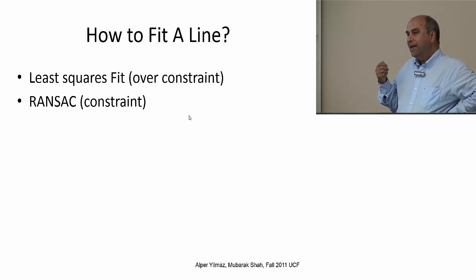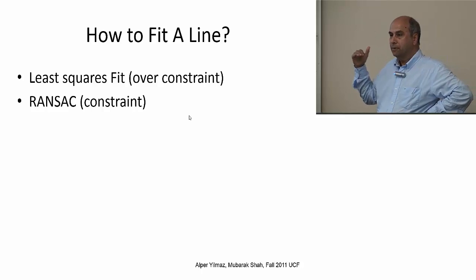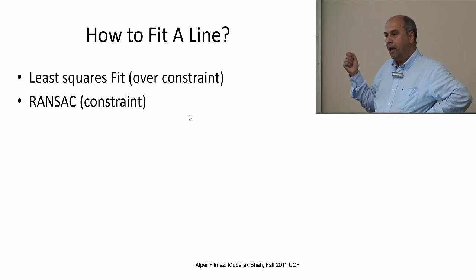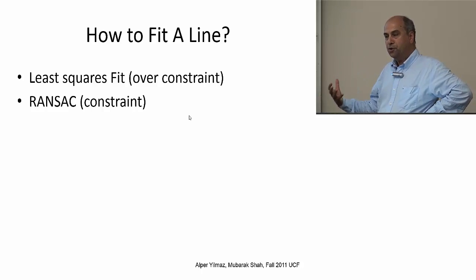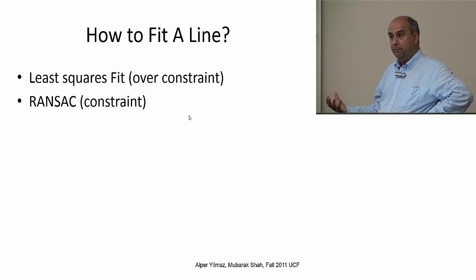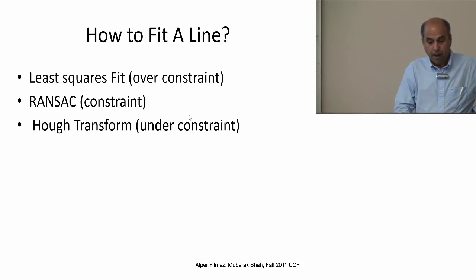So what you do, you randomly select or sample 2 points from the 100 points and fit a line, and then find the error of that line from the other points and note that down. Then you randomly select another 2 points, fit a line, find the error, note it down. And you keep doing that, so you'll have many possible lines. You will pick the line which gives you the least error. Basically that's called RANSAC, and it's very intuitive and very simple and works very powerfully. So we're going to talk about that.